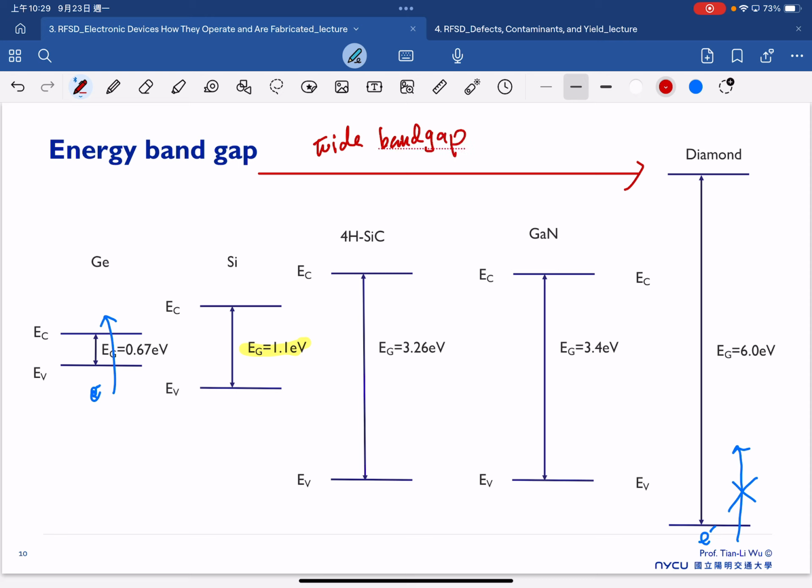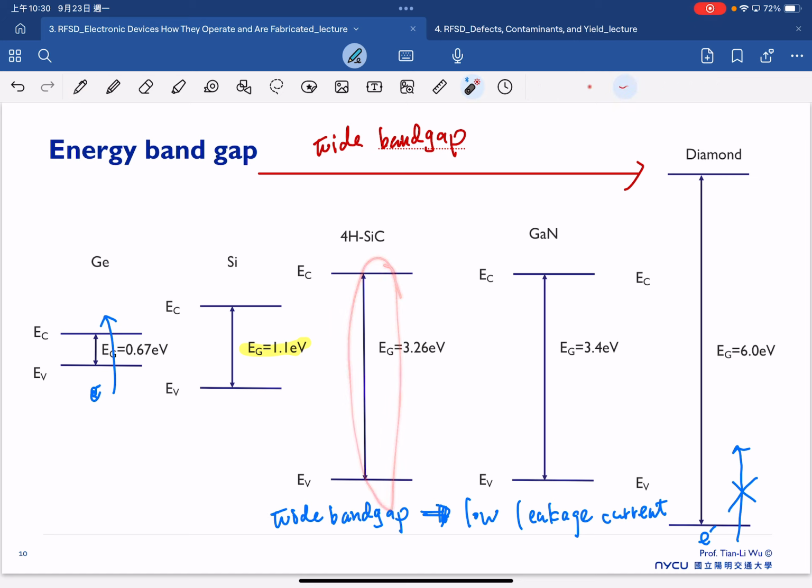And one of the promising characteristics of the wide band gap material is that it has a lower leakage current. And why can we draw this conclusion that wide band gap material ideally has a low leakage current? Because their band gap is larger.